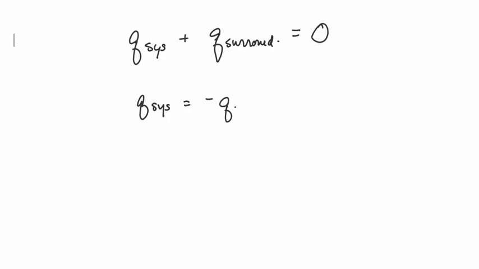Now the Q, or the heat of the system, plus the Q of the surroundings, so the heat of the surroundings, is defined as 0. That means the heat of the system is equal to the negative heat of the surroundings. We can use this with some problem solving.